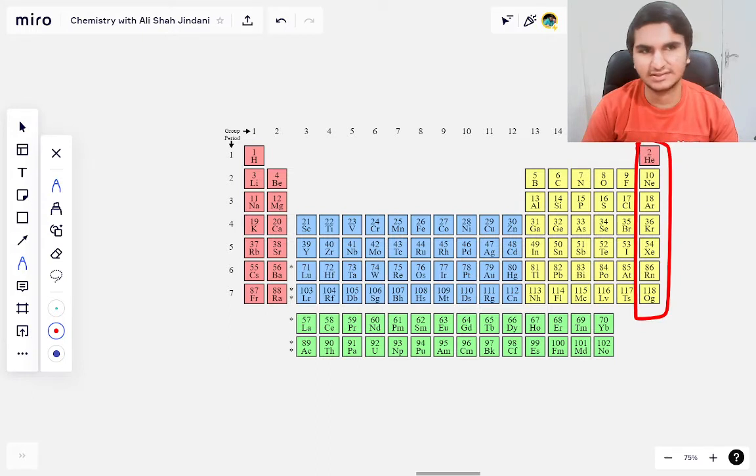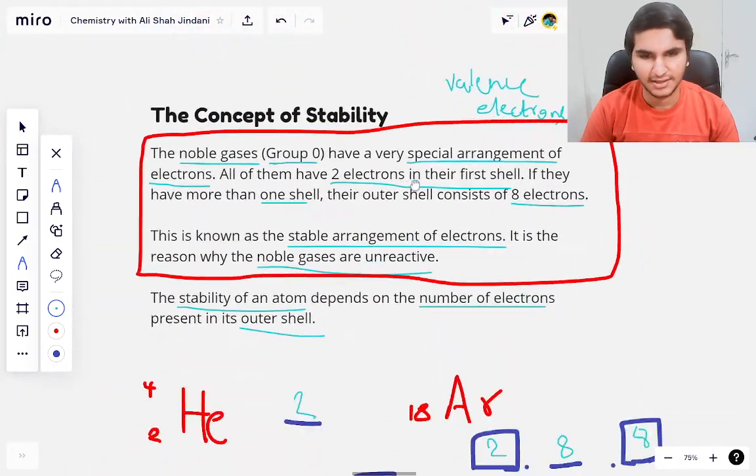You can see this is group 0, or some people also call it group 8 of the periodic table, where you will find the noble gases. They usually have 8 electrons in their outer shell, except helium which has 2, right? So that is what we have discussed so far, right?